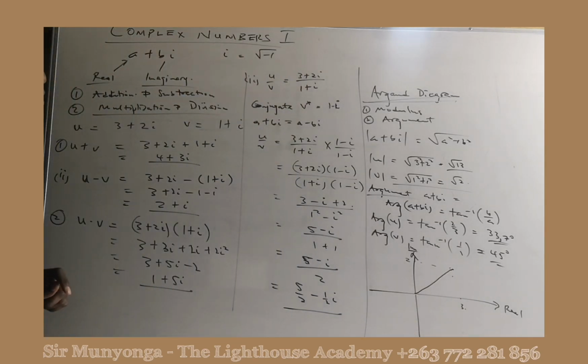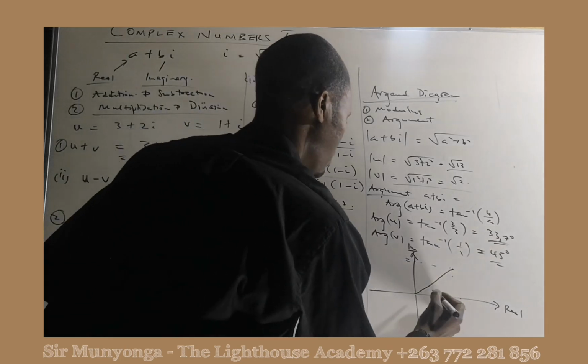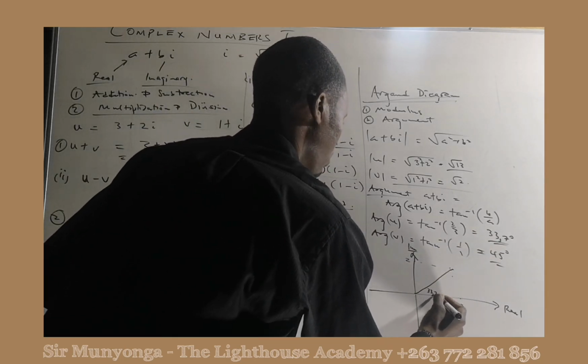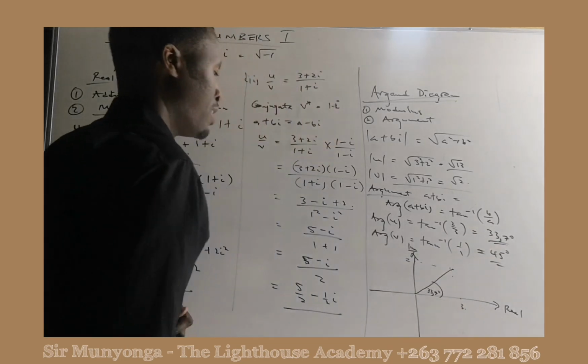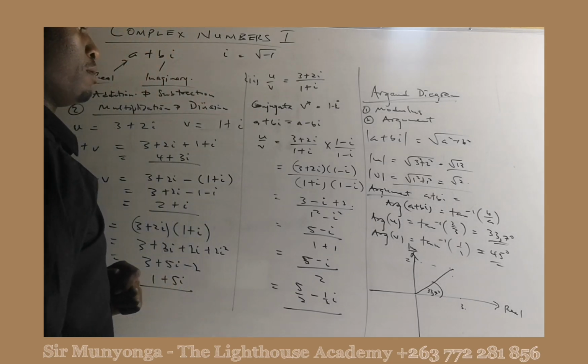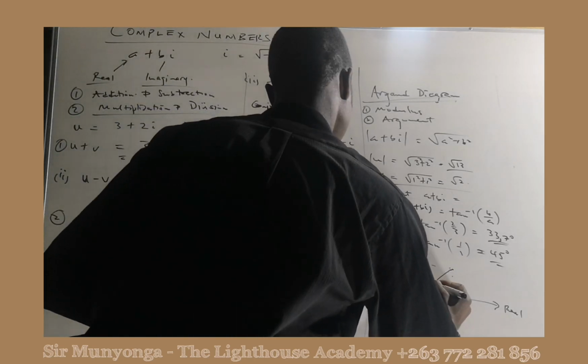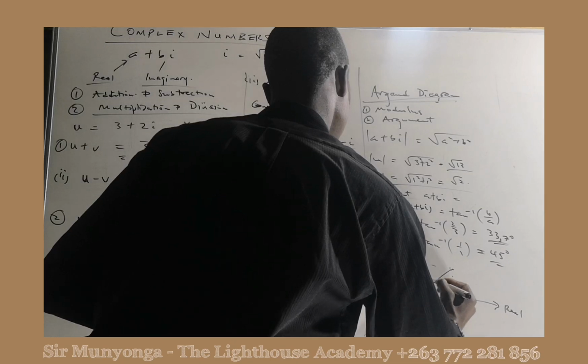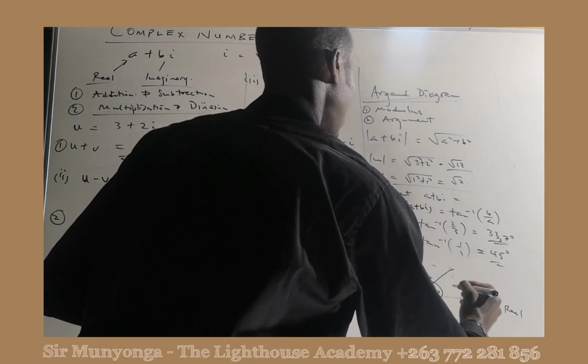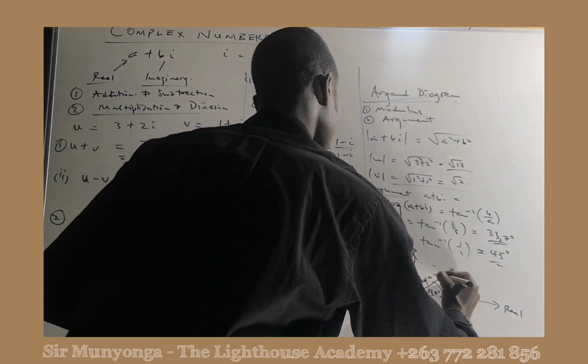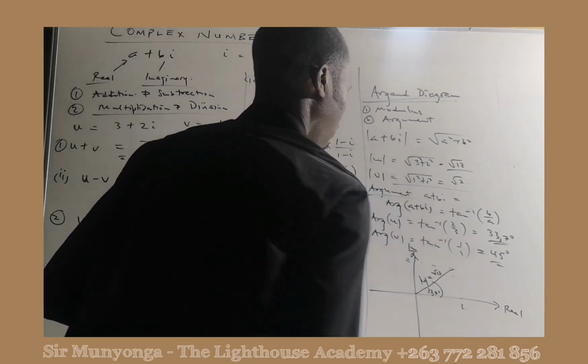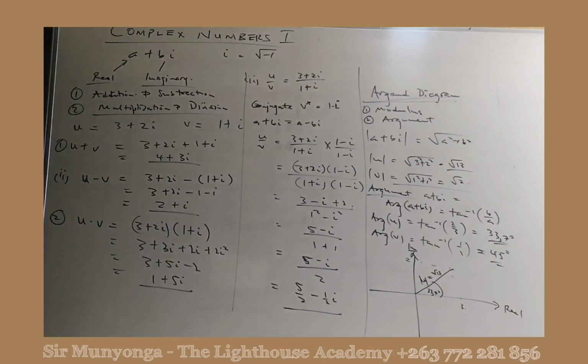So our argument for u is 33.7 degrees. So this angle will be 33.7, and then the modulus of u will be equal to root 13. So that's how you represent complex numbers on an Argand diagram.